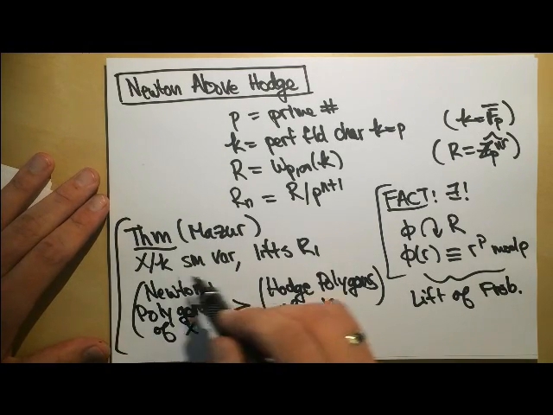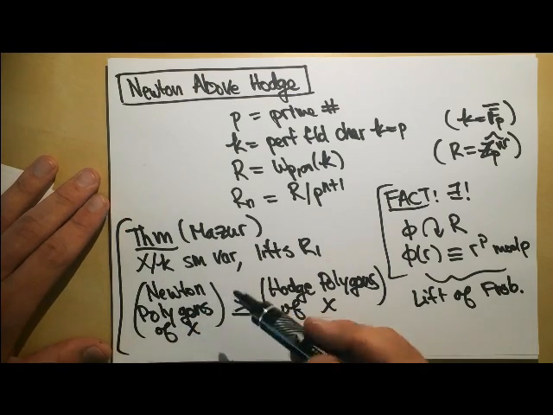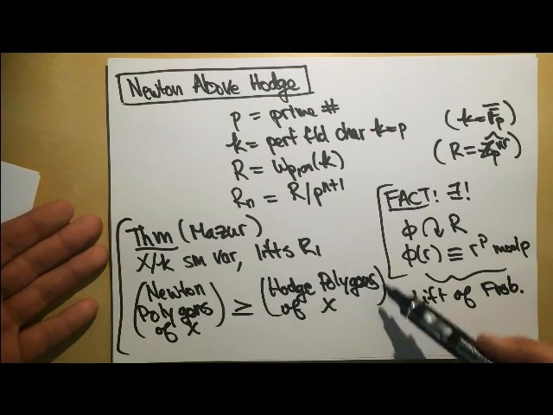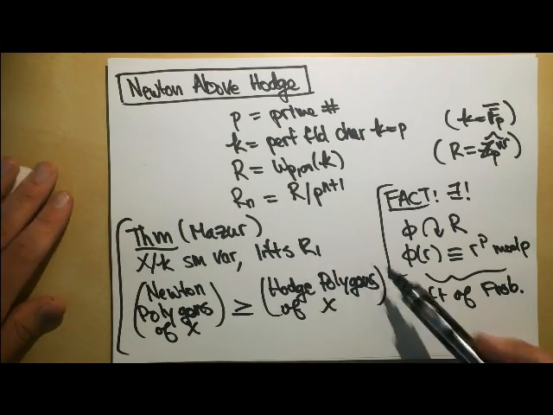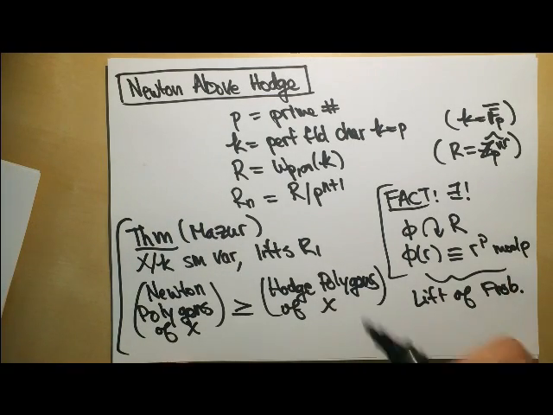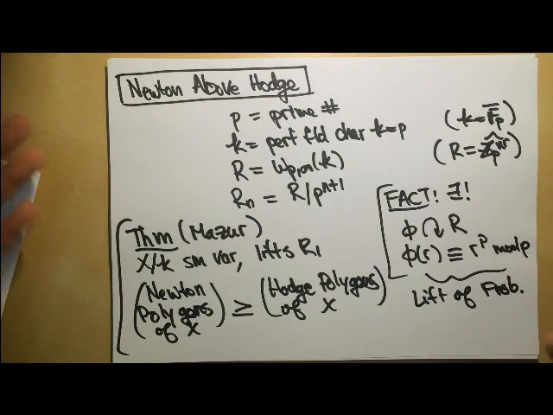What this essentially says is that how divisible it is by p is controlled essentially by the Hodge numbers. That's the idea of the theorem, and it'll end up implying the Ax-Katz Chevalley-Warning theorem. And I'm going to link to this video.